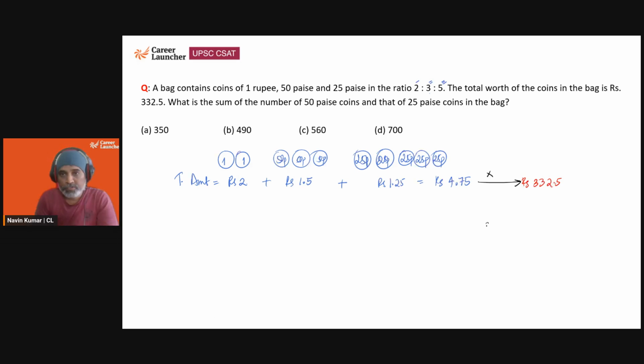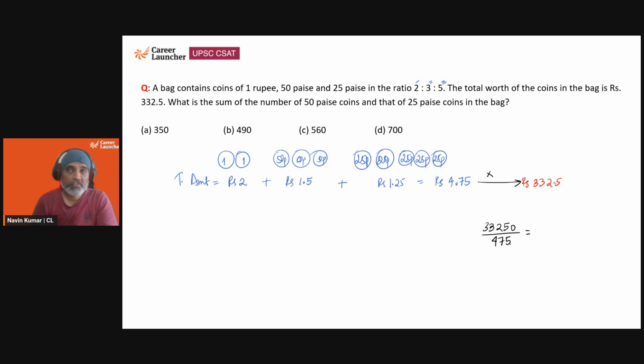So 332.5, I'm going to ignore 0.5. I'm going to put 3325 and divide it by 475. So 475 into 5. It's not going to be 10 times for sure, because 475 into 10 is 4750. We need 3325.